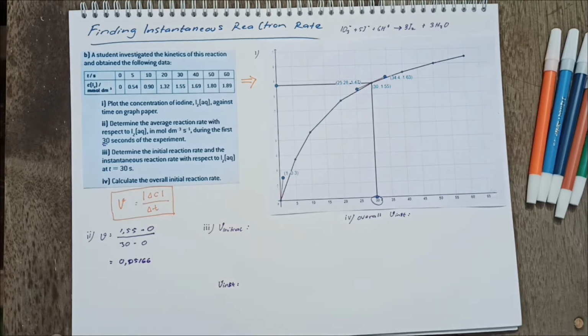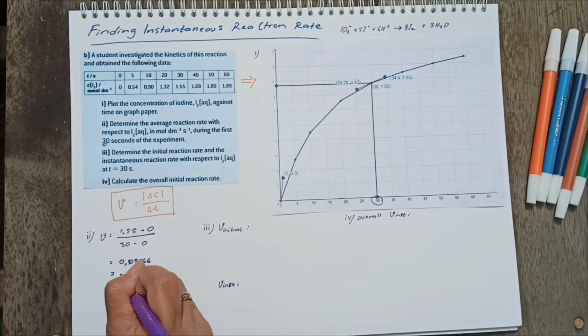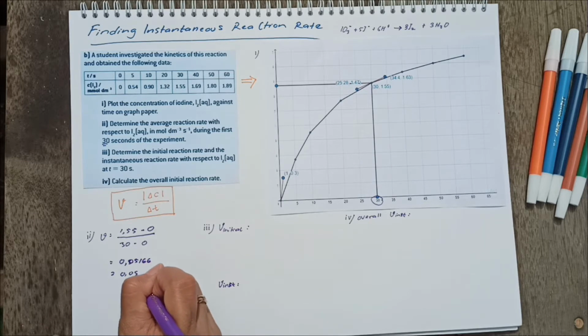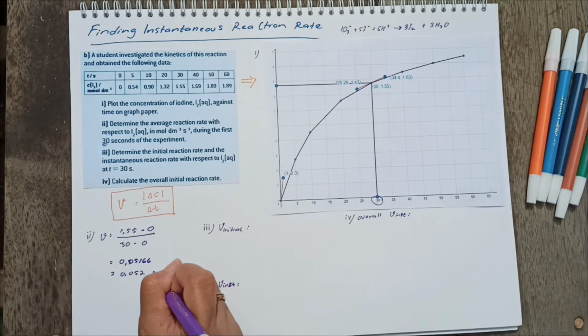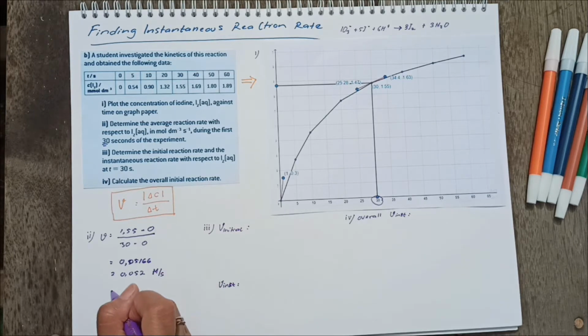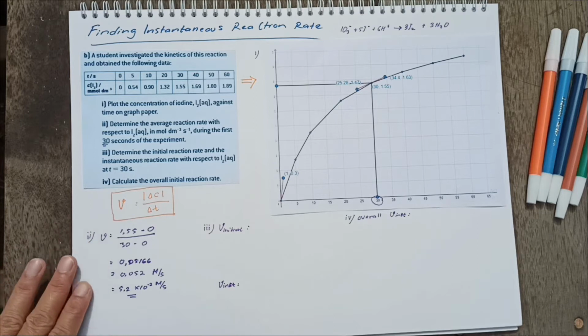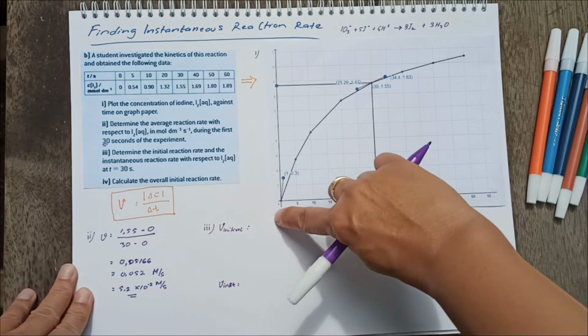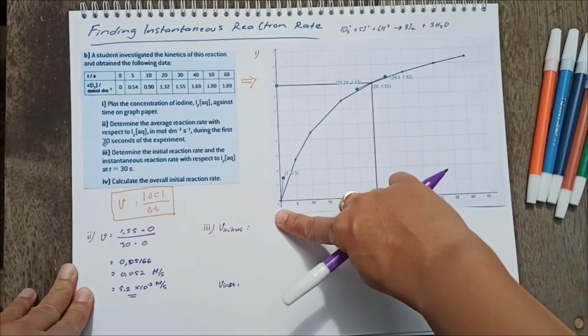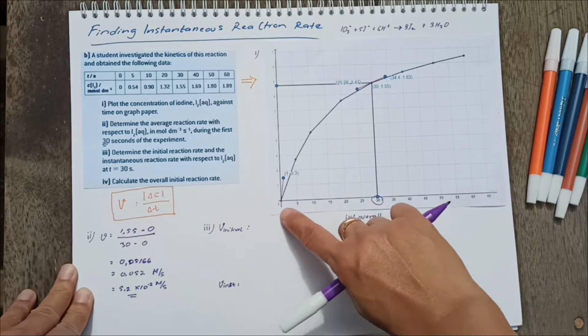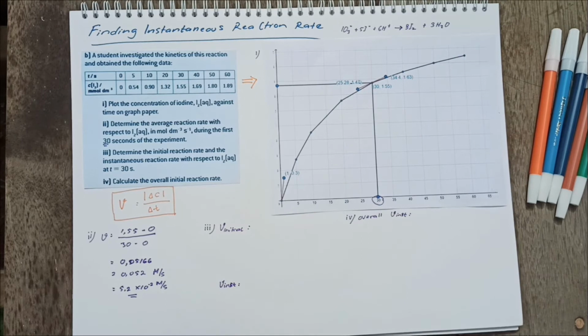So we're going to round it into 0.052 molarity per second. Or you can also make it into 5.2 times 10 to the minus 2 molarity per second. So this is the average velocity or the average rate of concentration from 0 to 30.